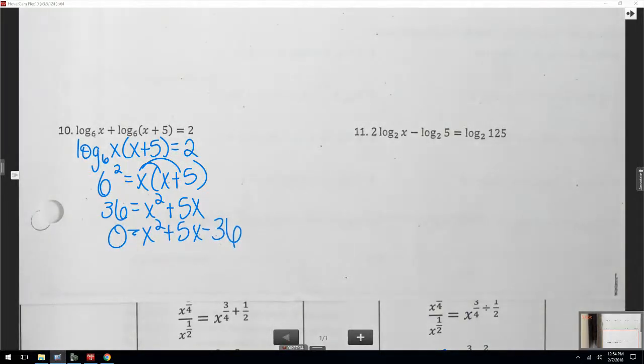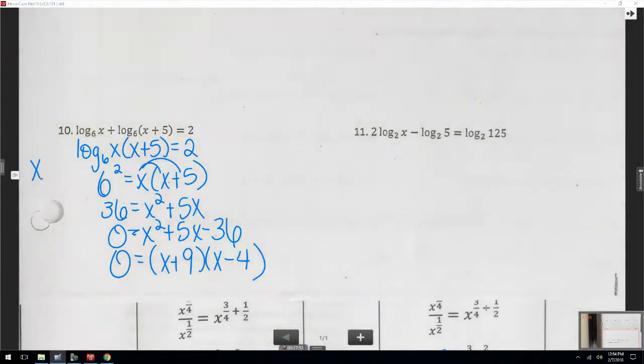What are the factors of negative 36 that add or subtract to be positive 5? 9 and what? Negative 4. There you go. So what are my two answers? Negative 9 and 4, right?